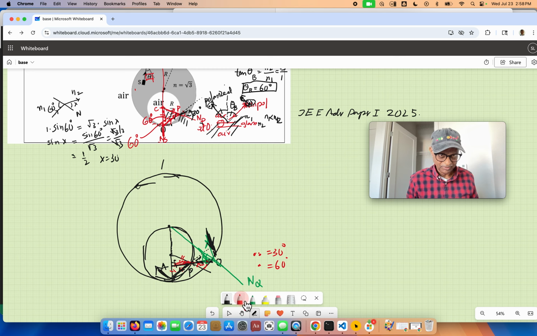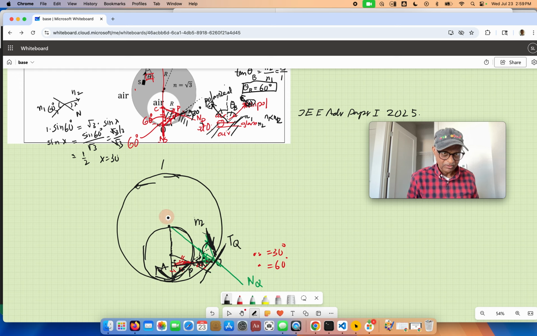So that angle is the angle of reflection, because it's the same medium. This is in n2, and this ray is n2. So this is a reflection, and this radial line is the normal line, and this is the tangential line at Q. So we want to get this angle.